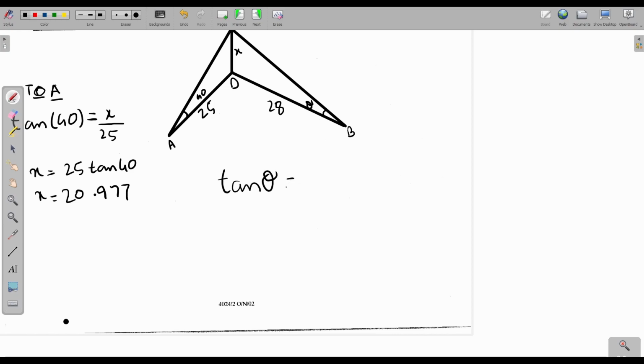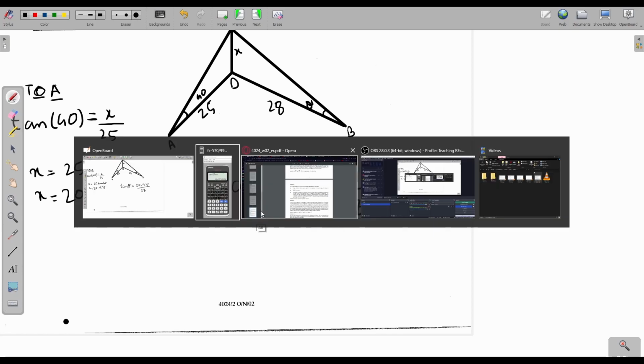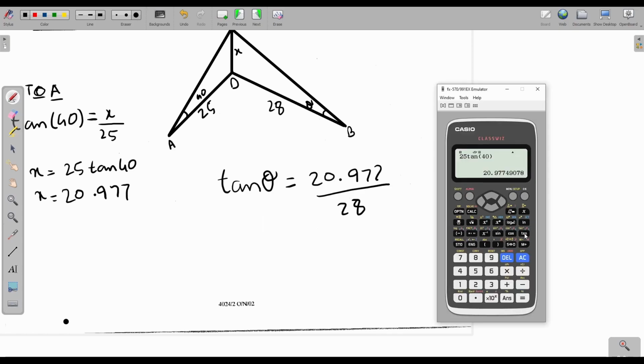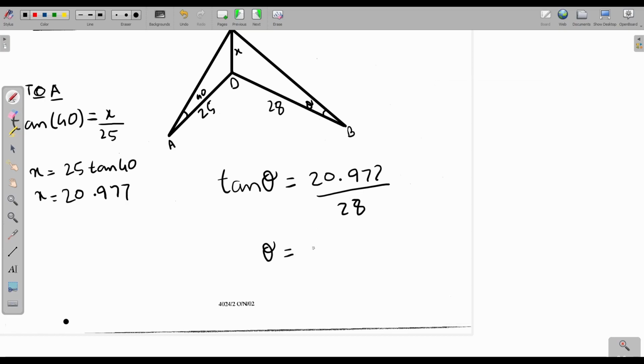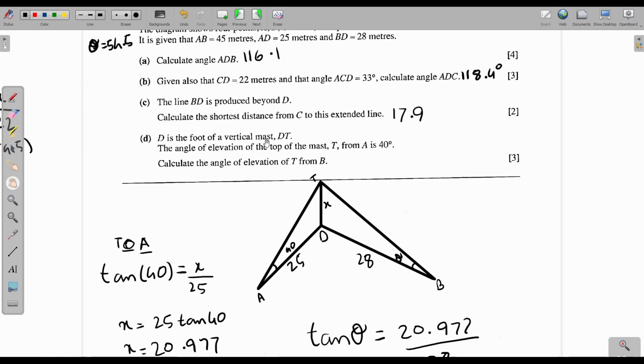So tan of theta is equal to 20.977 over 28, and we can just do the tan inverse of that. Tan inverse of 20.977 divided by 28 gives us 36.8. So theta is equal to 36.8, and that is the angle of elevation.